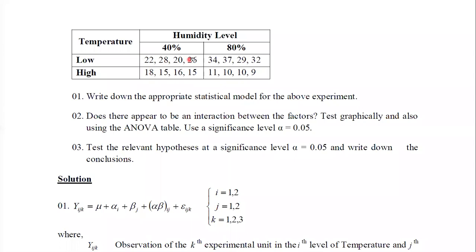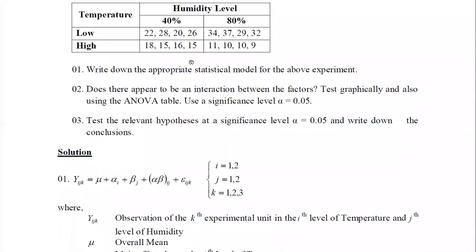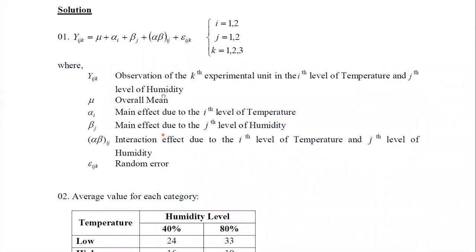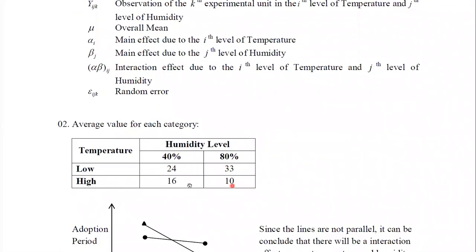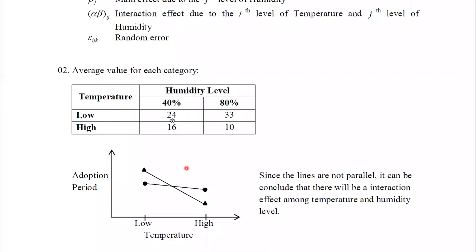First I added these four values and then divided by 4, and I obtained this value as 24. Likewise, I have obtained the other three values. Using the average values for each category makes it easy for us to construct the graphical method, so now I am using these mean levels to construct it.